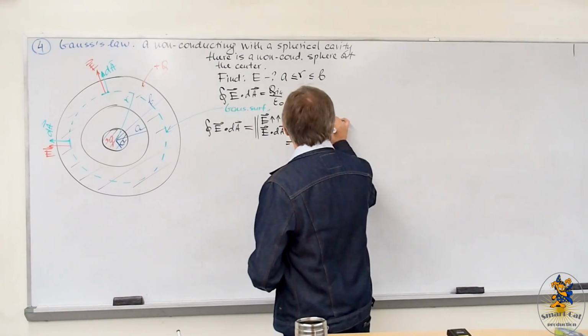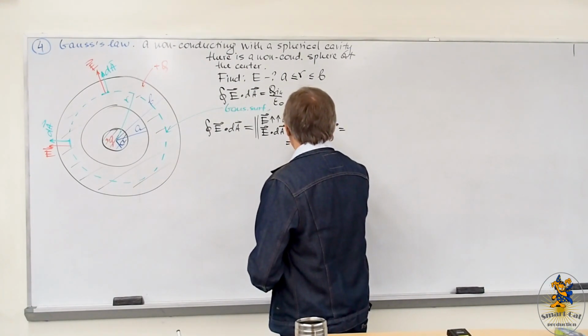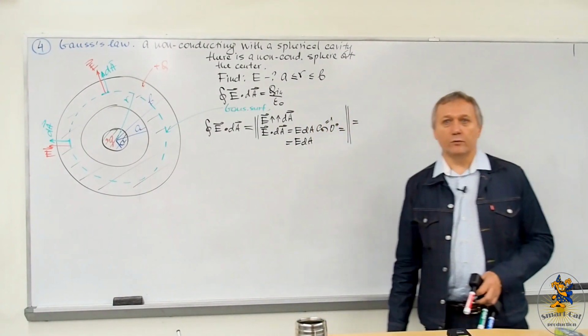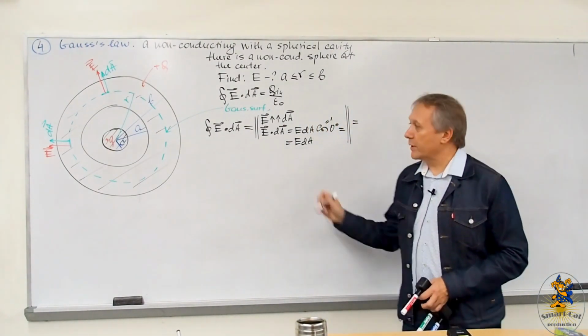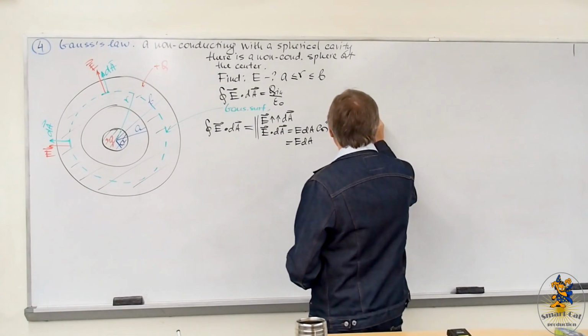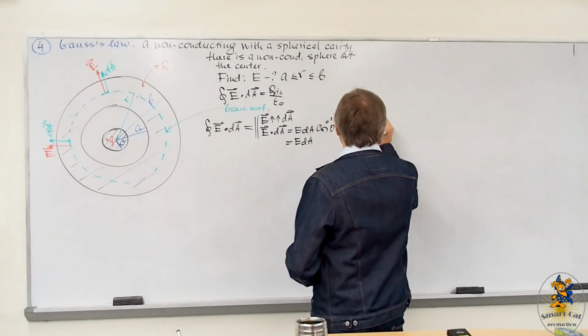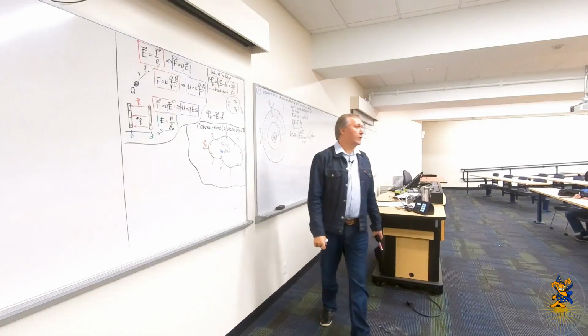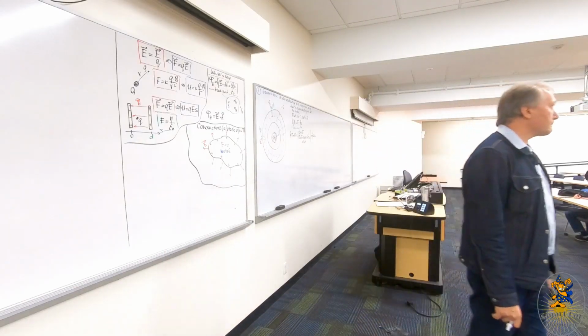Of course, cosine of 0 degrees is 1, so it's E dA. So now we have magnitudes of these two vectors. Here we had vectors, now we have magnitudes. It's an achievement of the first step. We managed to remove vectors from our game. Now it's just the magnitudes, absolute values.